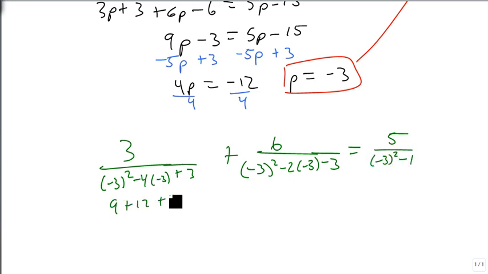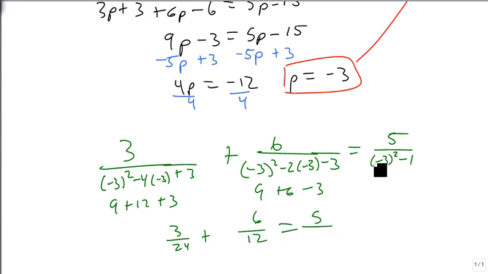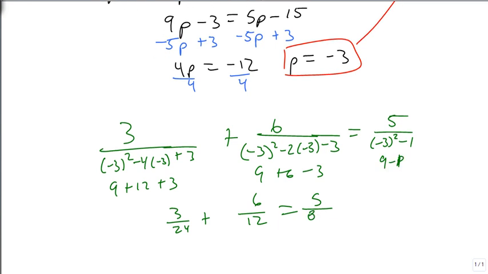This is 9 plus 12 plus 3, which is 24. So 3 over 24 plus 9 plus 6 minus 3 is 6 over 12 equals 5 over 3 squared is 9 minus 1 is 8.